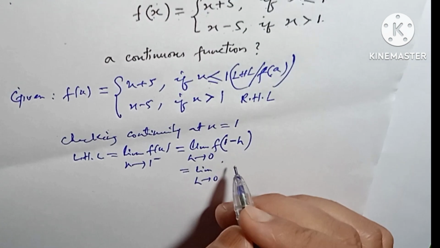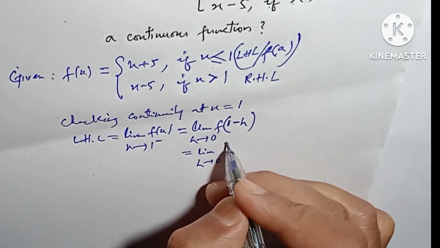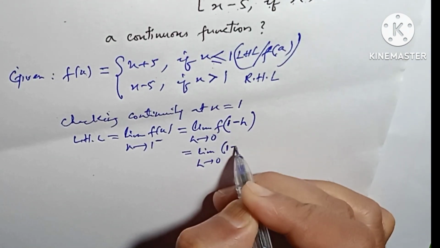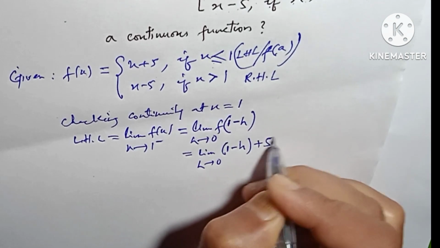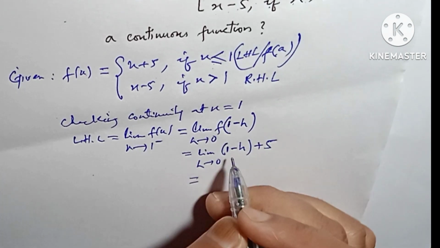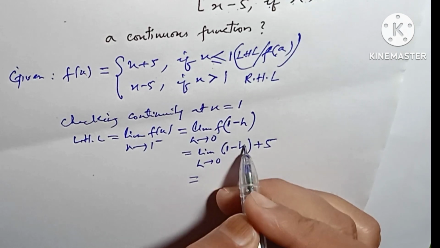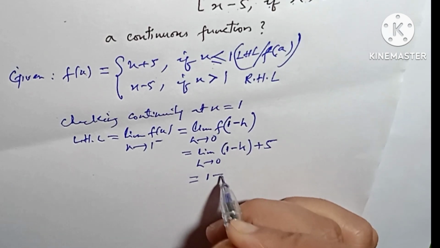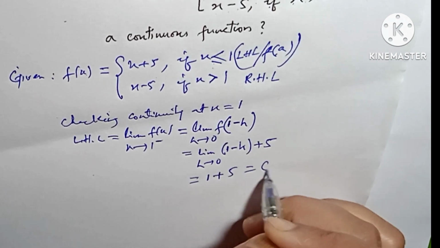Let us put 1 minus h plus 5. Then let's put the value of h equal to 0. Then 1 plus 5, that is 6.